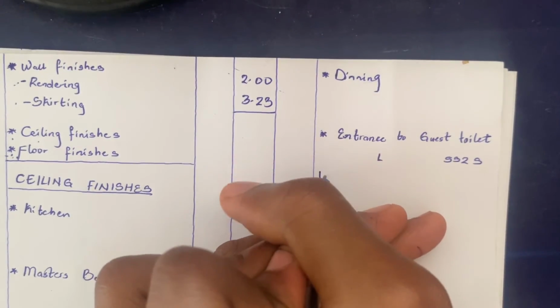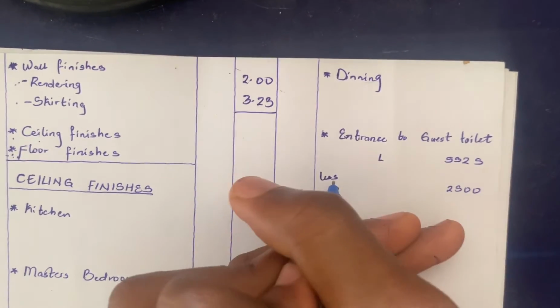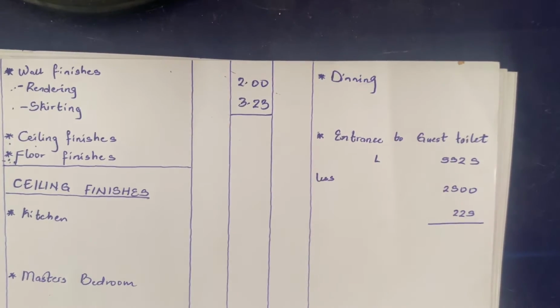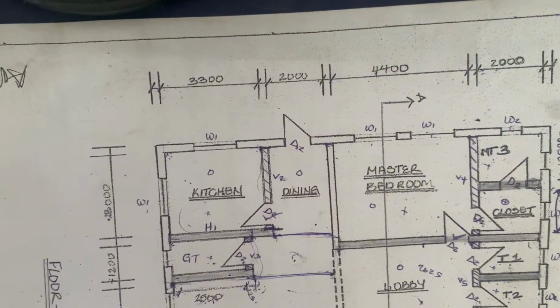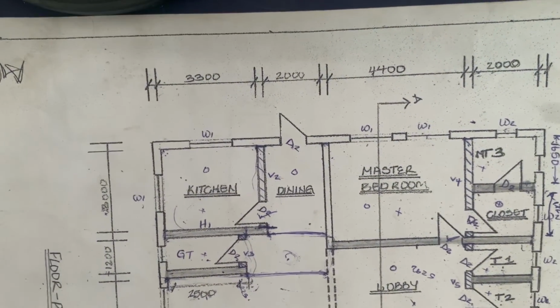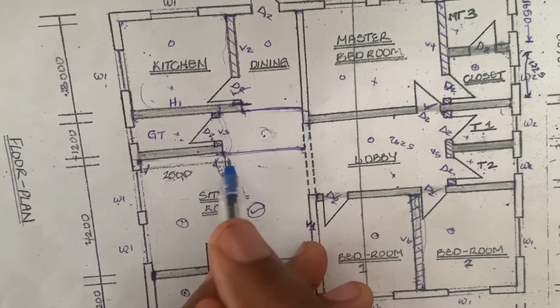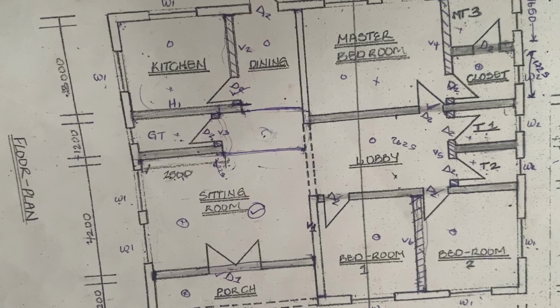So we'll say less 2500 and also less 225, and that will give us 2800. So it means that the dimension from here to this end is 2800. So that is our length for the entrance to the guest toilet.